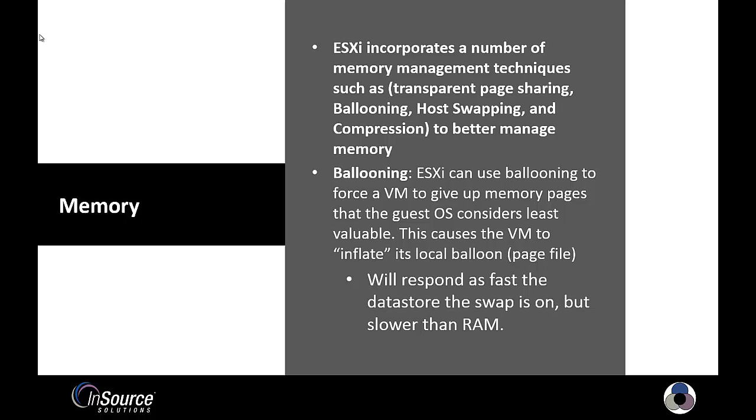So what the guest operating system considers least valuable, this causes the VM to inflate its local balloon. So it's basically taking what would normally be transactions inside of RAM and writing them to a local file that likely resides on the data store where the VM is. So that can cause some pretty significant performance problems.